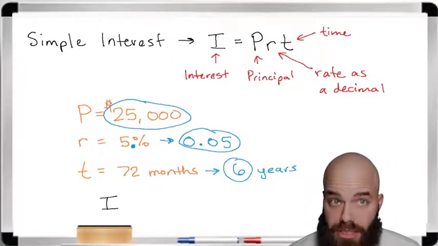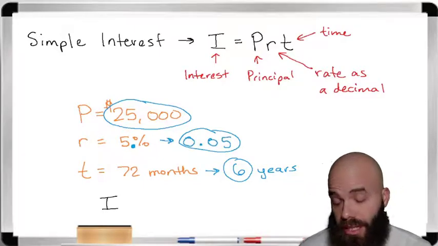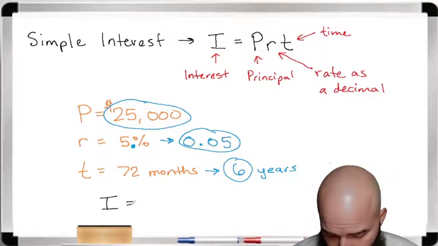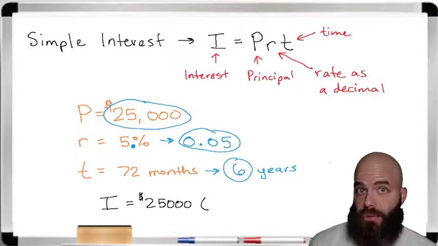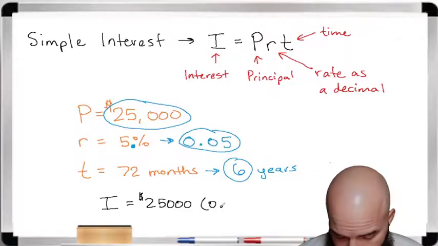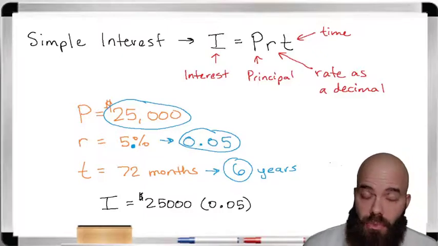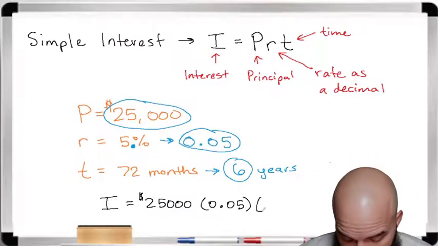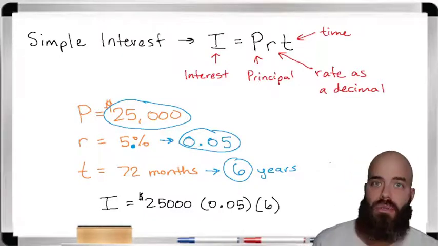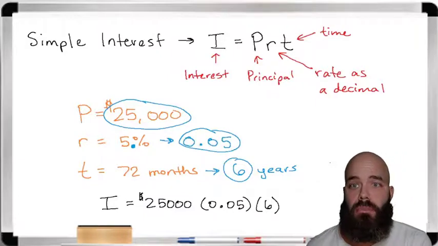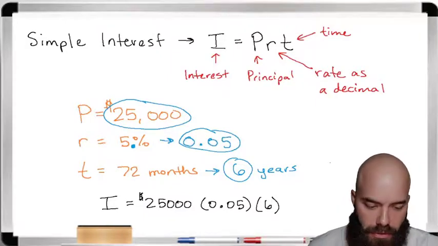So the interest that I'm going to be charged to take out this loan is going to be calculated by taking the principal, 25,000, multiply that by the rate, which is 0.05, multiply that by the term, which in this case we said was 6 years. That's going to be the total interest that I'm going to pay for this particular car.